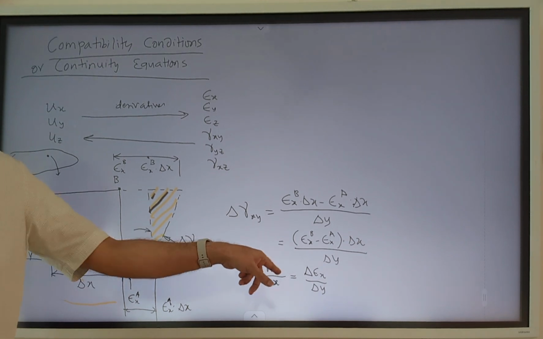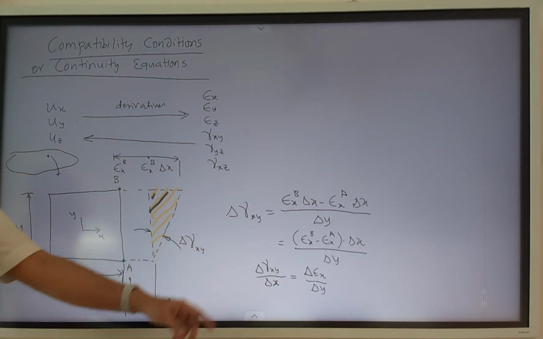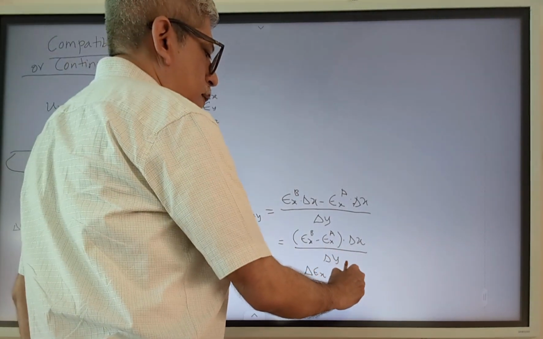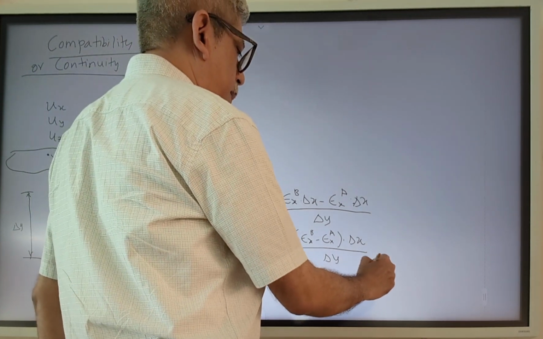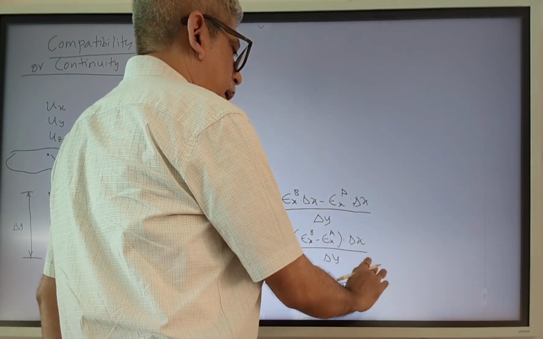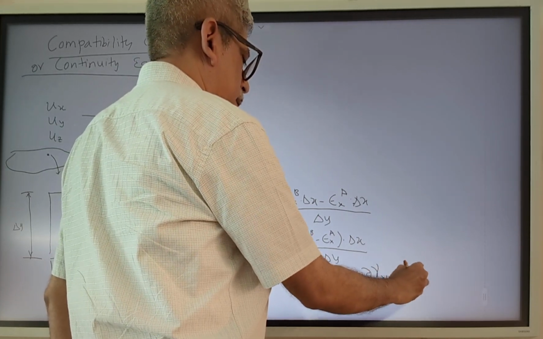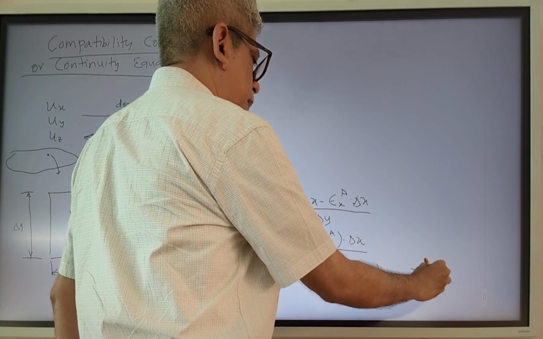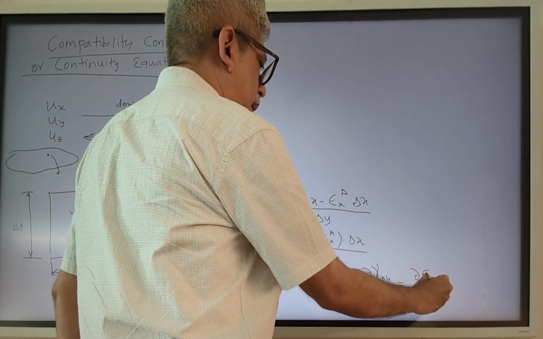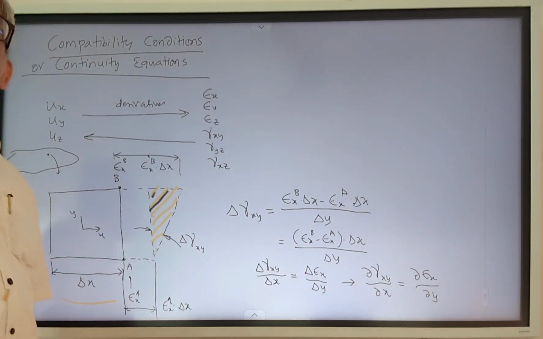Since both are functions of x and y, it will be partial differentiation. So in the limiting case we get the relationship: partial gamma xy by partial x equal to partial epsilon x by partial y.